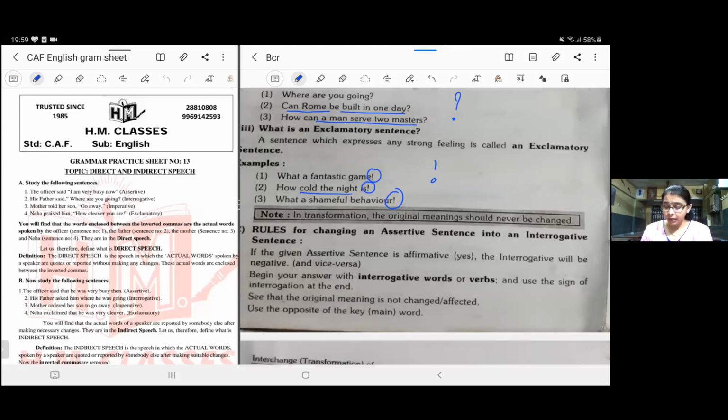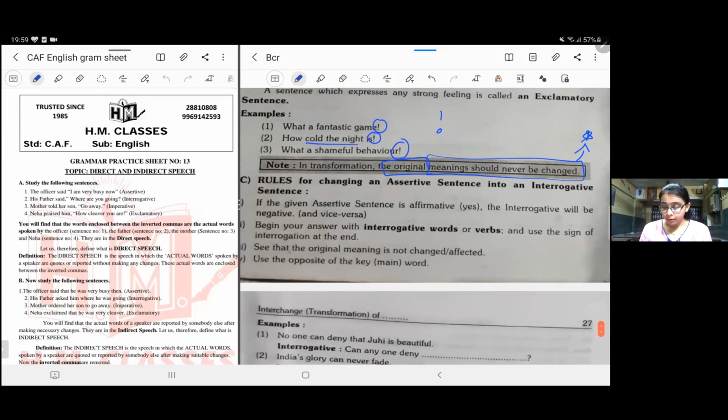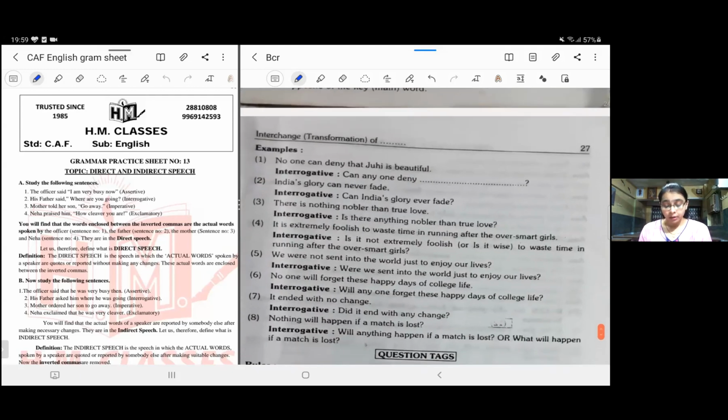The original meaning should never be changed. Right? Rules है. Just we are going for the meaning purpose.